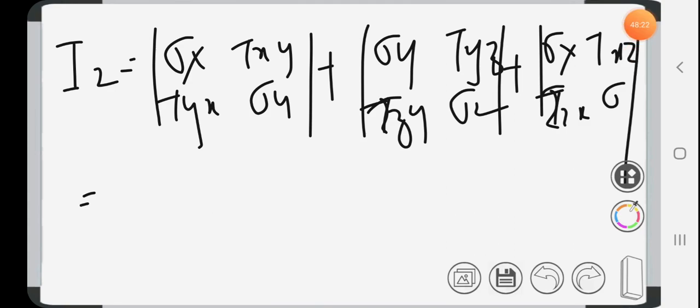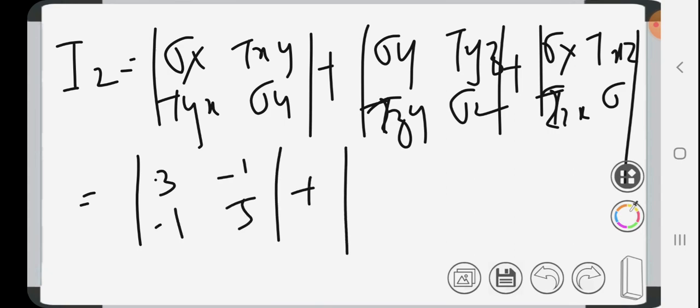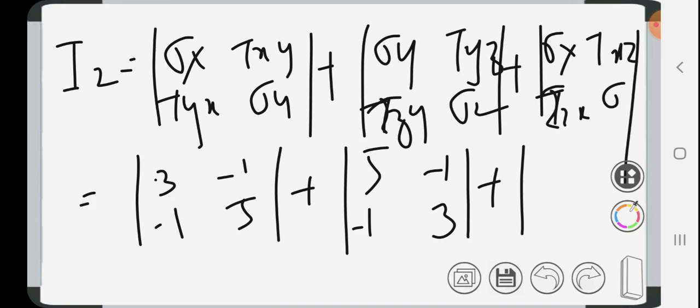You have the values: 3, minus 1, minus 1, 5, plus 5, minus 1, minus 1, 3, plus 3, 1, 1, 3.